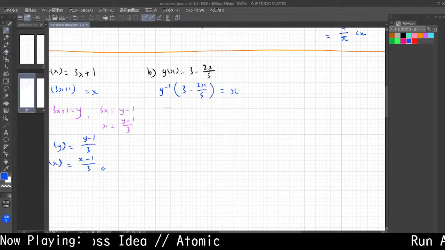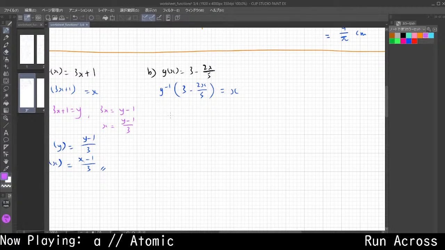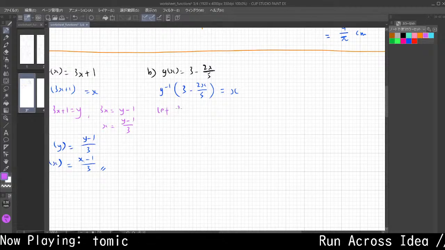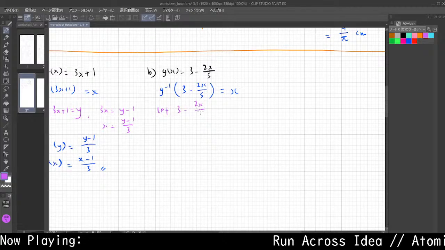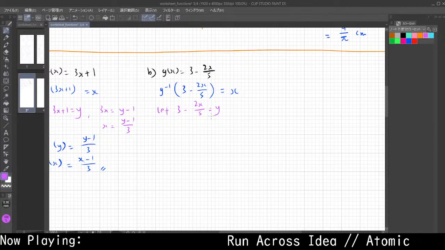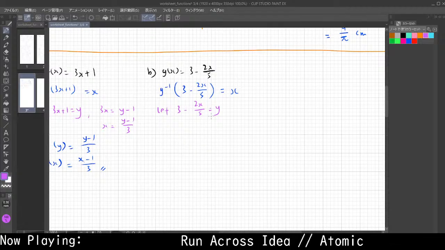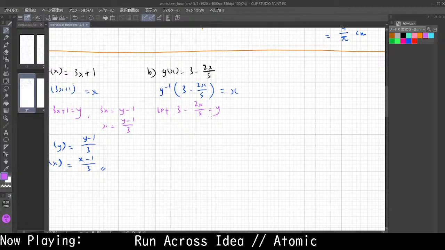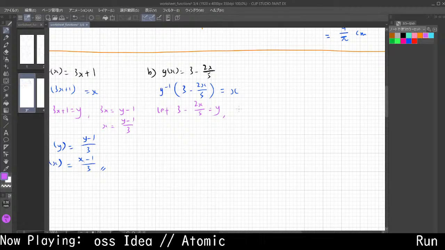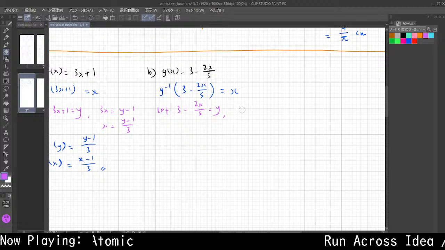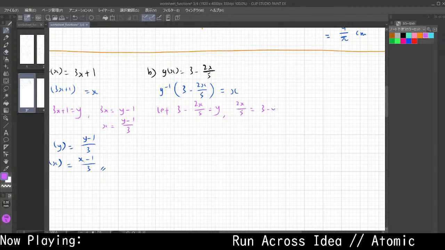Let this be equal to y. Same thing: let your original g(x) be equal to y, rearrange it, find x in terms of y, then you can find your inverse. So 5y equals 3 minus 2x.